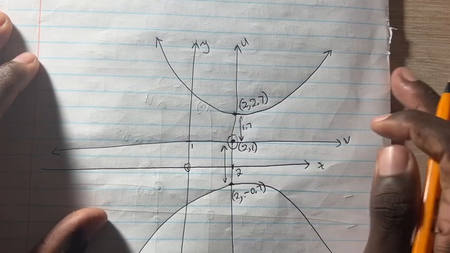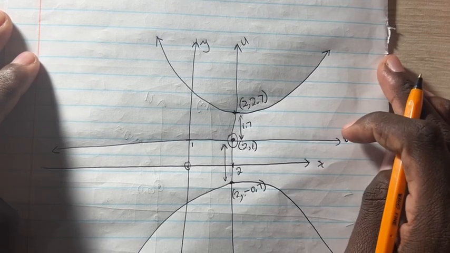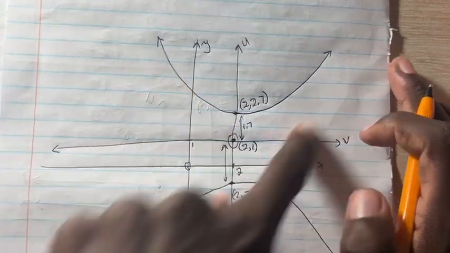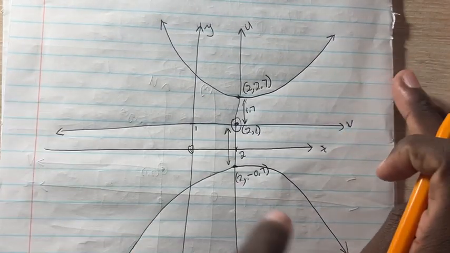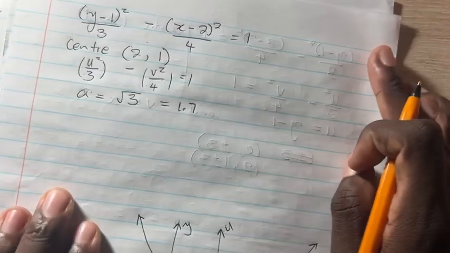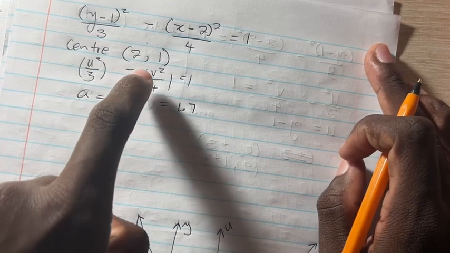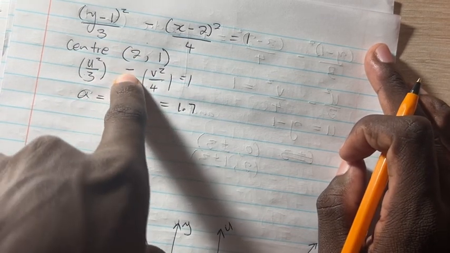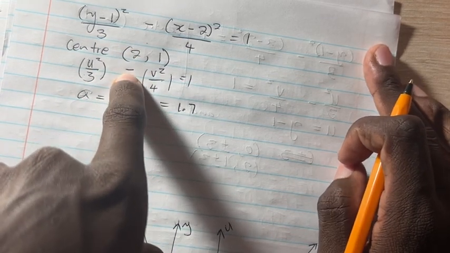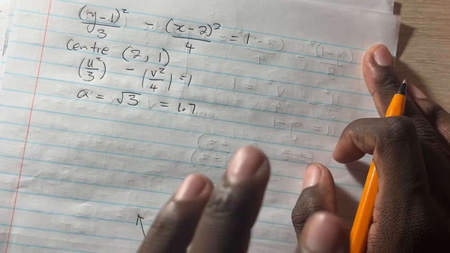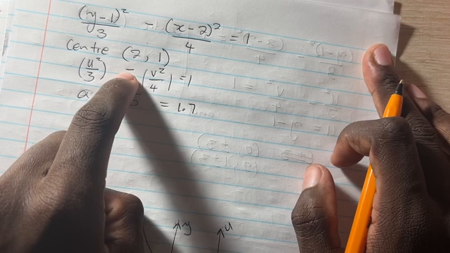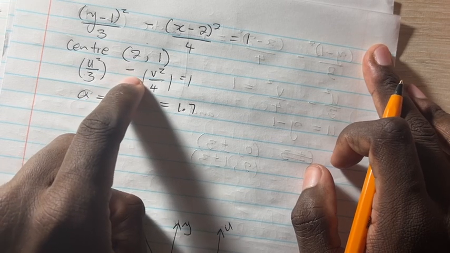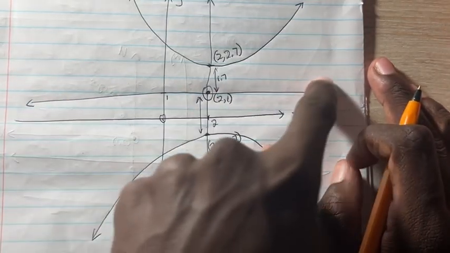I don't know if I have a short-term memory, but I don't know if I explained why the function has to be like this. So I'm going to explain it again, if I already did, sorry. How I basically remember it is: the one that has a negative must not be touched. Don't touch the negative. v squared is the one that has a negative coefficient. So the function will not touch the v-axis.